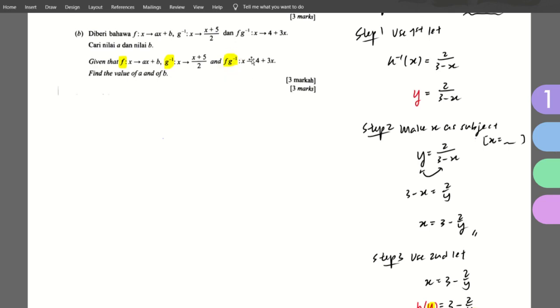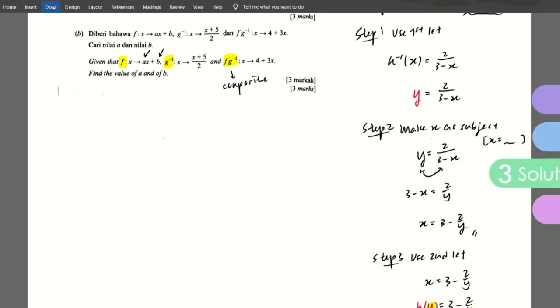This kind of combined function, we call a composite. Let's go to step number 2, which is to identify the problem. The problem here is to find a and b, which are from function f. So how do we find a and b? Let's go to step number 3.